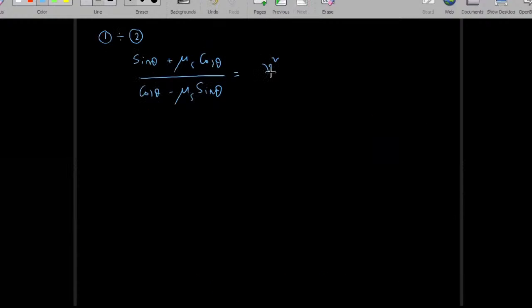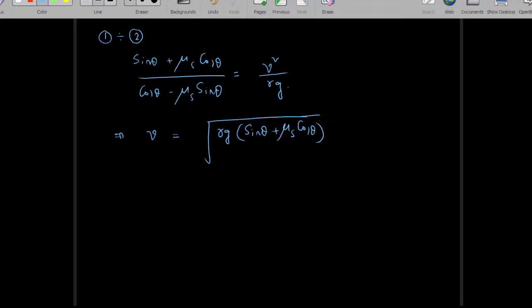All right, correct. So from here we can write v is equal to root under of rg into sin theta plus mu s cos theta divided by cos theta minus mu s sin theta.